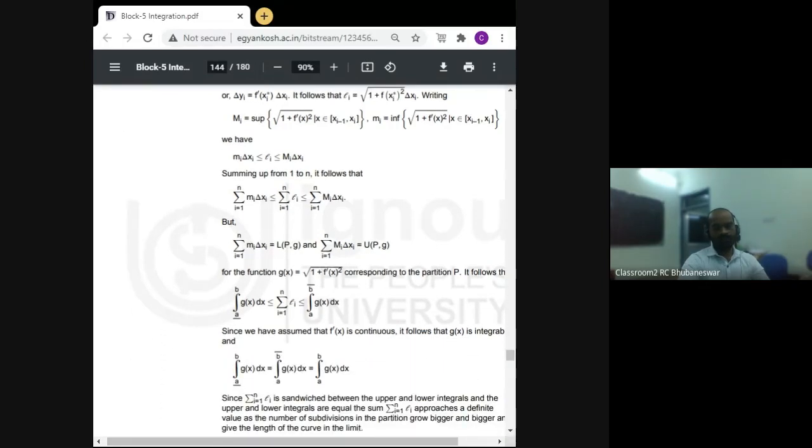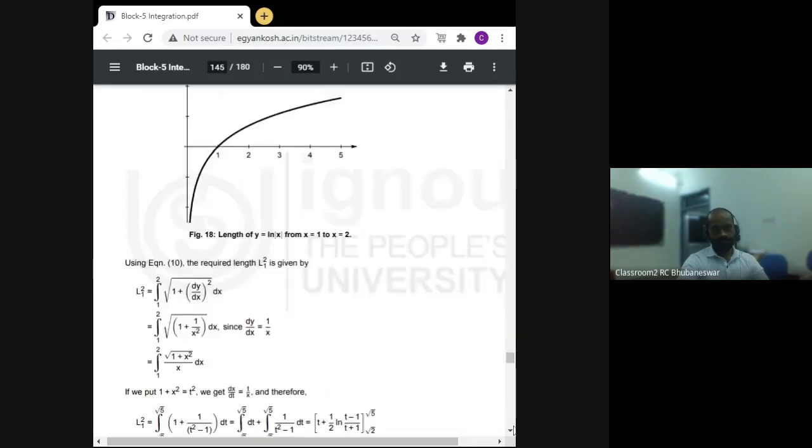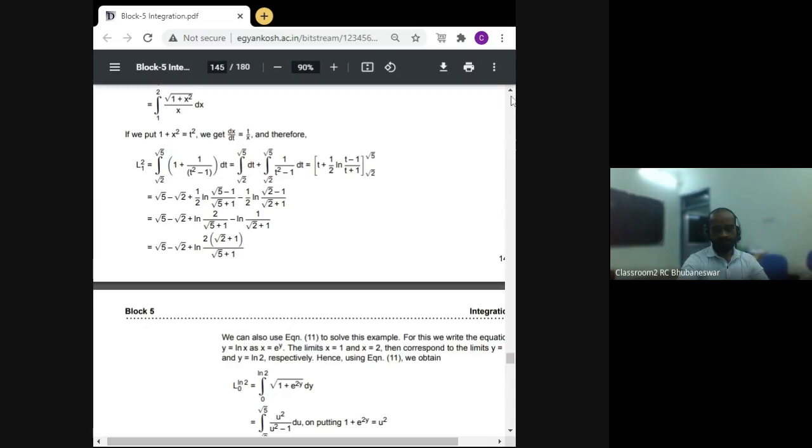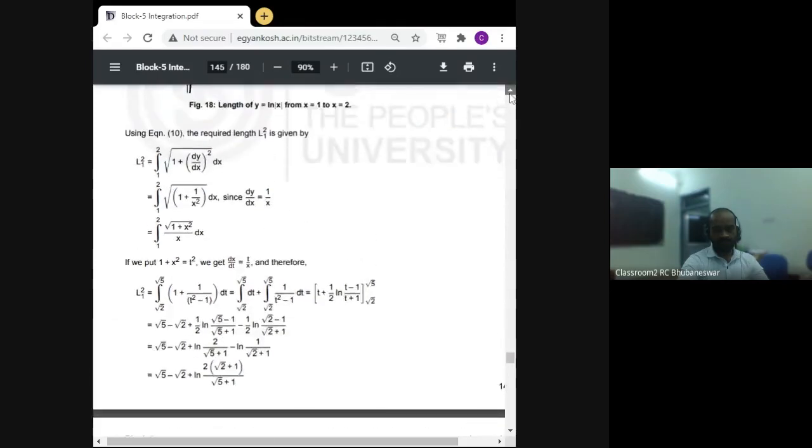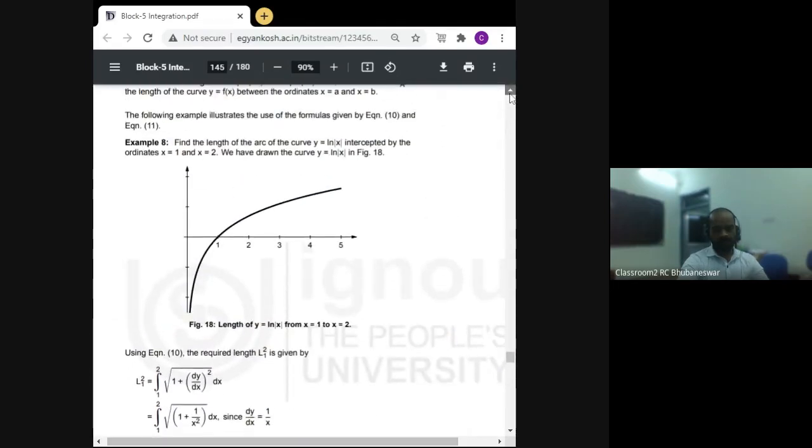Finally, if the lower integral and upper integral both exist and are equal, then we can say that is the value of the integration with respect to the interval a to b. Now let us discuss the same idea with respect to an example.